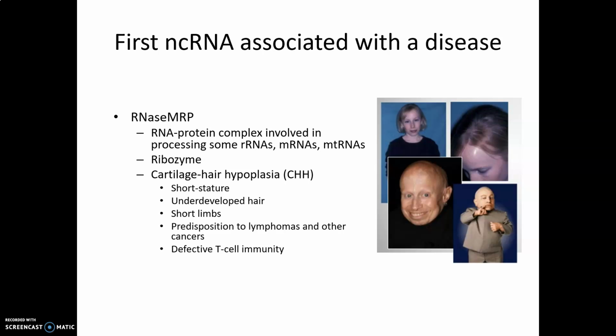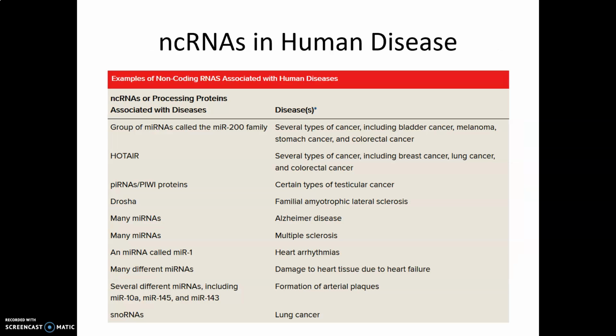Okay, these patients have short stature, underdeveloped hair, short limbs, a predisposition to cancers, and defective T cell immunity. This was the first one identified, because the gene encoding the RNA of that RNase MRP was associated with CHH. Since then, researchers have identified many, many more.